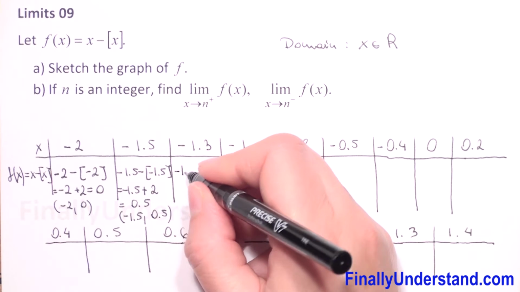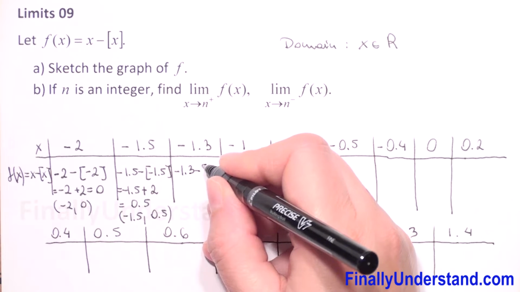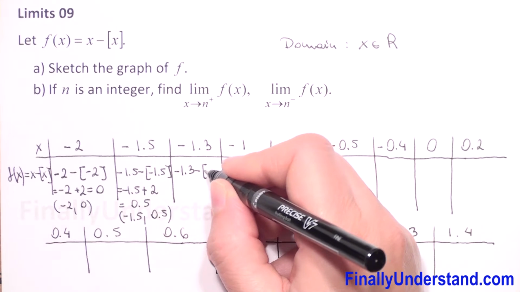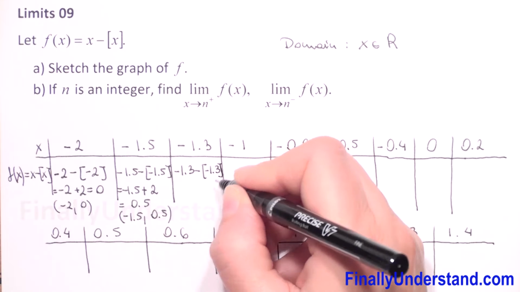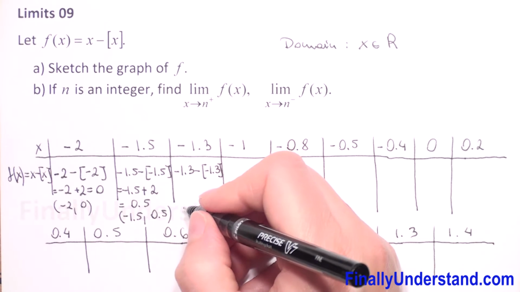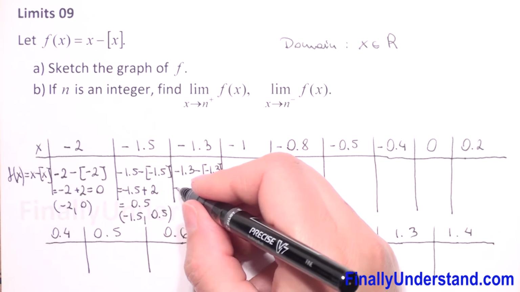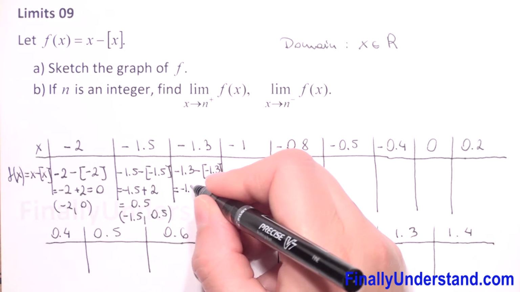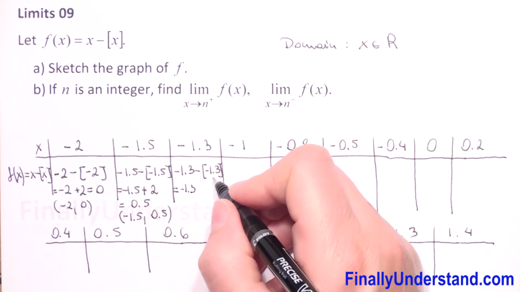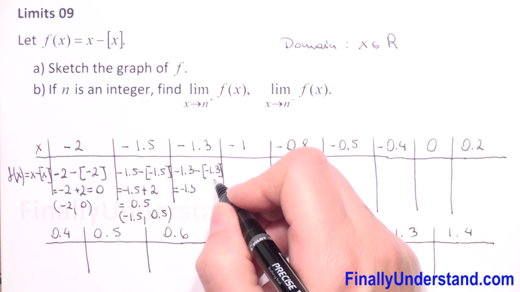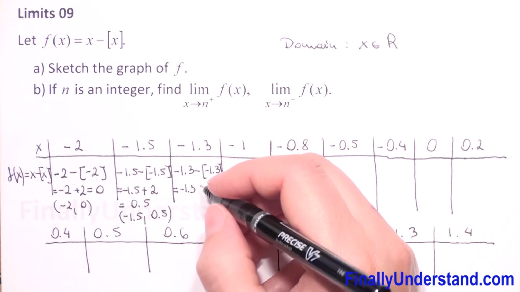Now we have negative 1.3 minus, in parentheses, negative 1.3. So this is equal to negative 1.3, we just copy, minus the largest integer that is less than or equal to negative 1.3, which will be negative 2.